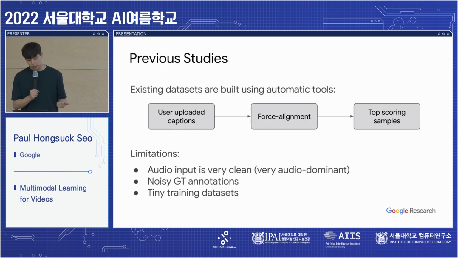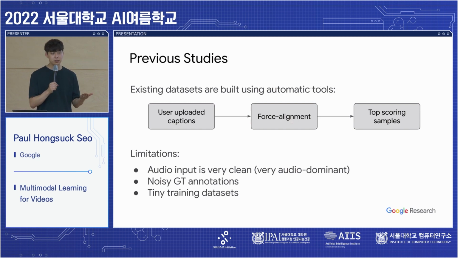Also, the previous studies used automatic tools to build benchmarks. They used the user-uploaded captions, force aligned them to the speech, and then filtered the top scoring samples. But because they only sampled the top scoring samples, they are inherently very clean audio, because a high force alignment score already means it is quite easy to align the text to the audio.